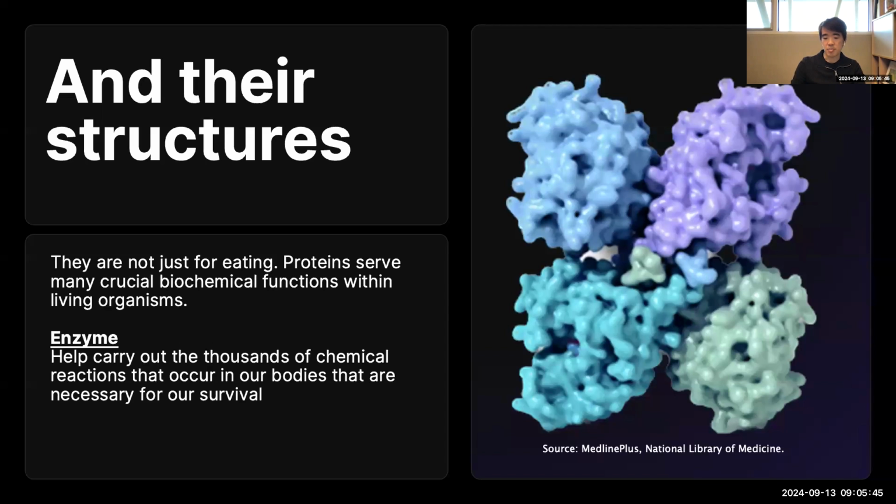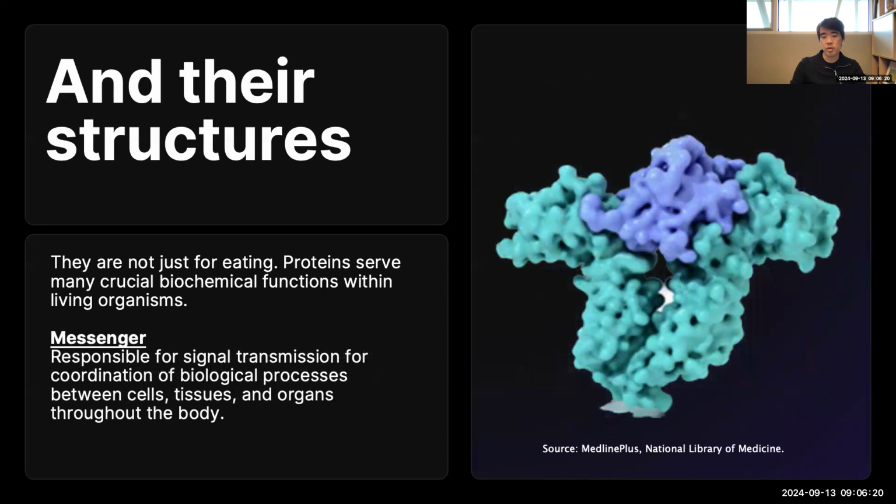How they do this is by speeding up reactions, and I won't get into the chemistry details of this, but if these reactions were running too slowly, our bodies would actually not be able to survive. We wouldn't be able to live and to be able to carry out all the different functions that we need for our survival. But the presence of these particular proteins called enzymes will then speed up these reactions to the point where we can actually survive and thrive in our world.